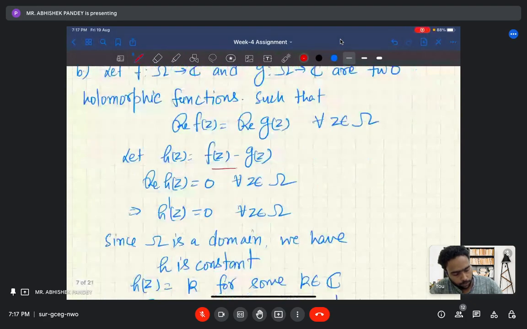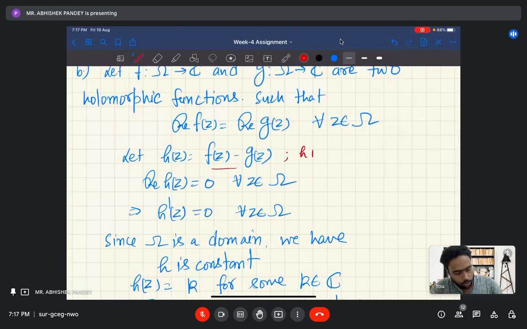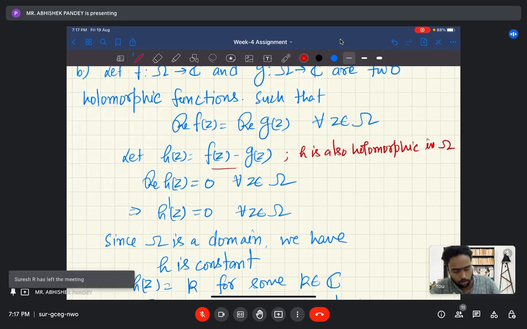So h is also holomorphic in omega, and real part of h(z) is 0 for all z belongs to omega.